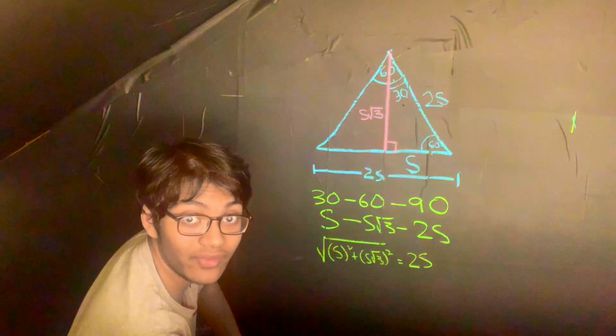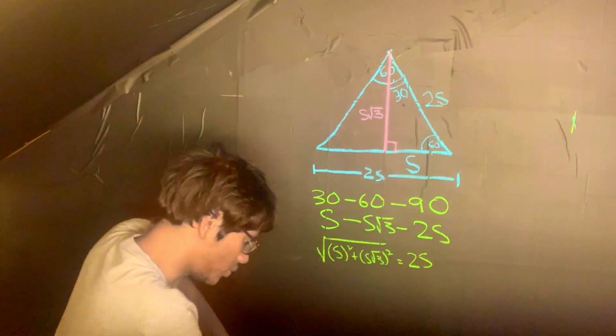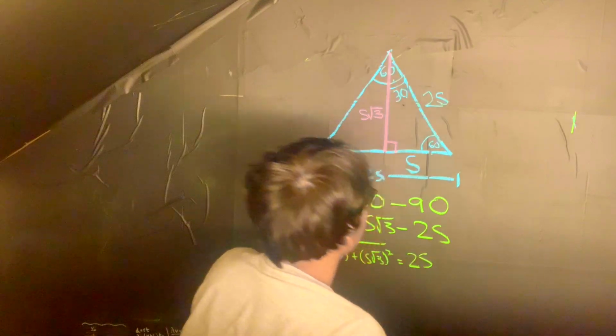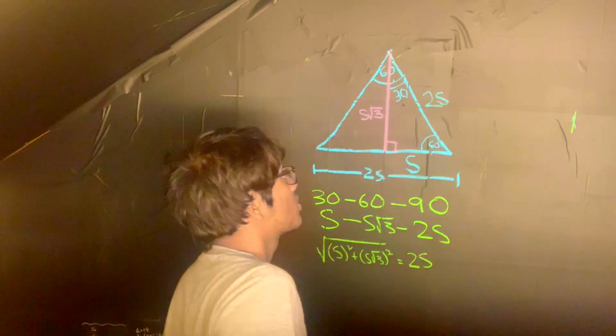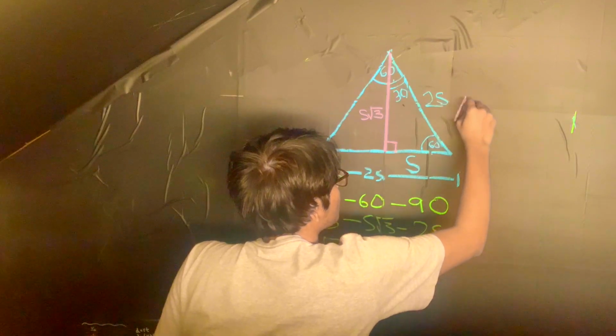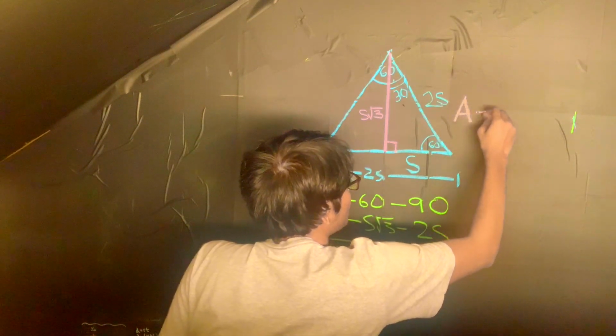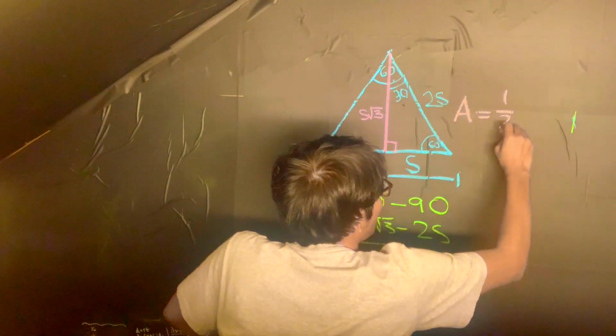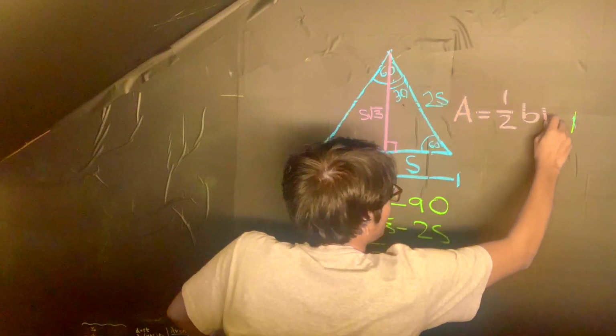Okay, so we have s root 3, we have 2s, and now what? Well, we still have to find the area of this whole equilateral triangle, and we can do exactly that using our good old area formula: area equals half BH.